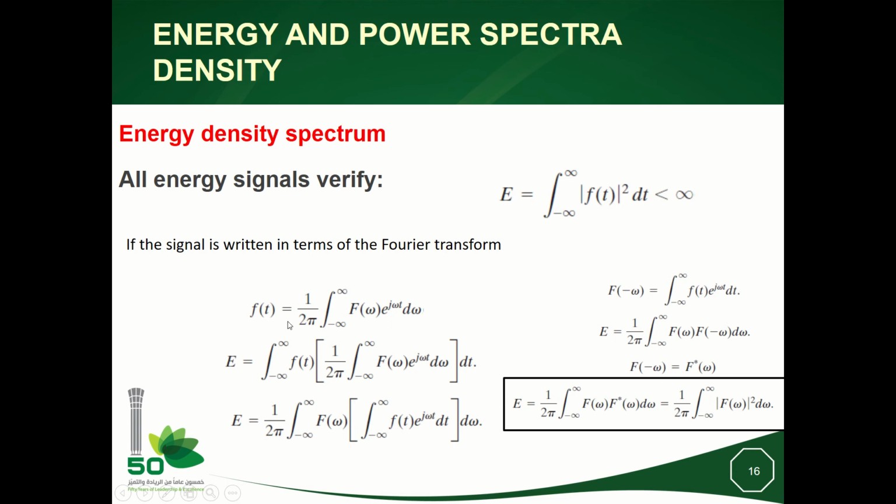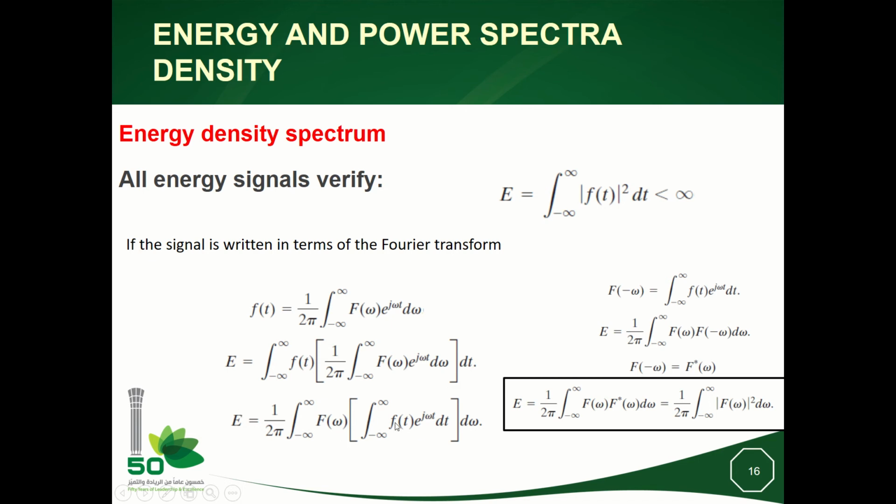Now, if I replace in the expression of the energy, f(t) squared, I can put it as f(t) times f(t). So I put f(t) here, and between brackets we see the definition of the inverse Fourier transform. By reversing the order of integration, I can put f(t) inside and bring F(omega) outside, and I get this expression.